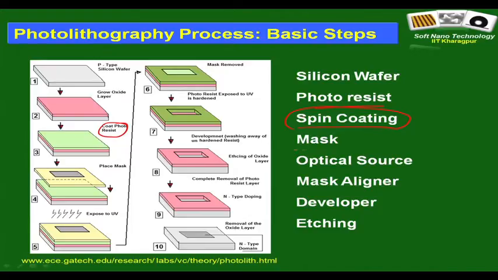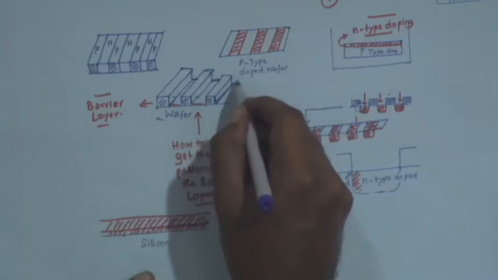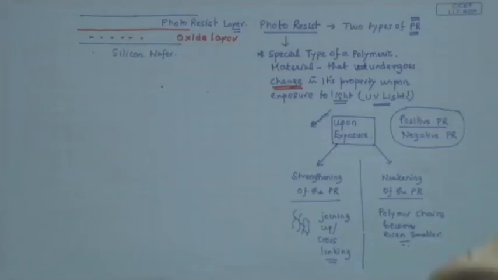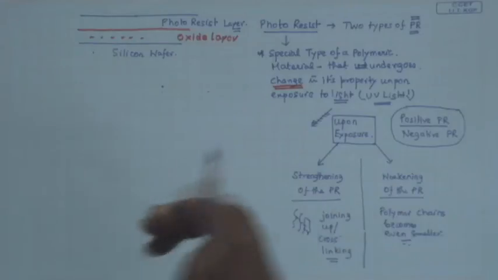Then we find another term which should be new to many of you, a mask. So, what is a mask? In fact, what is our objective? Let us recapitulate it once again. Our objective is to create some structures like this on the barrier layer, that is, on the oxide layer.